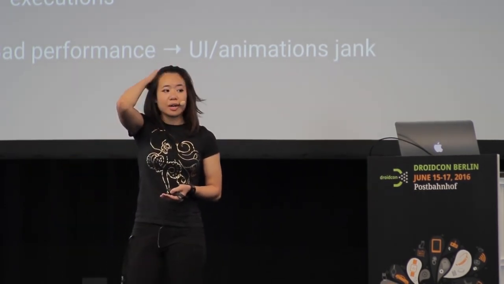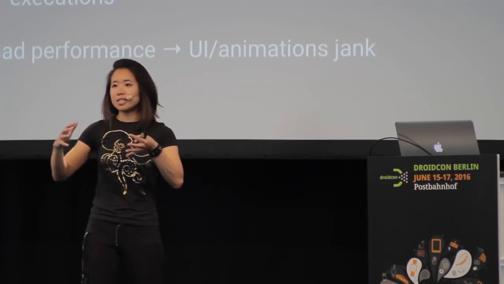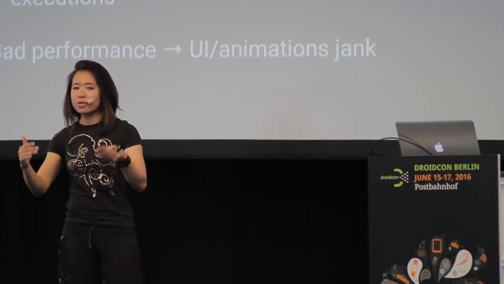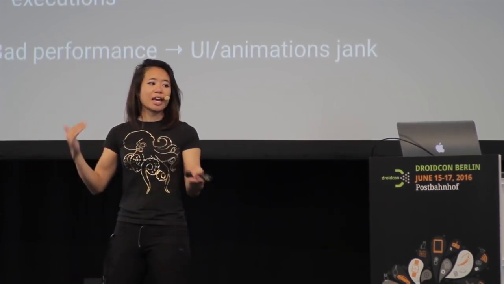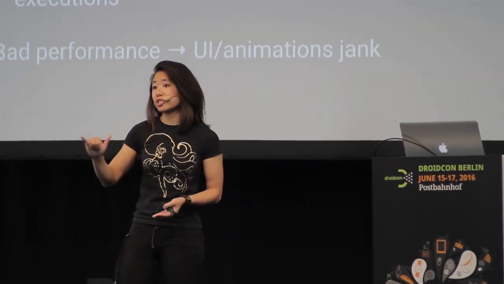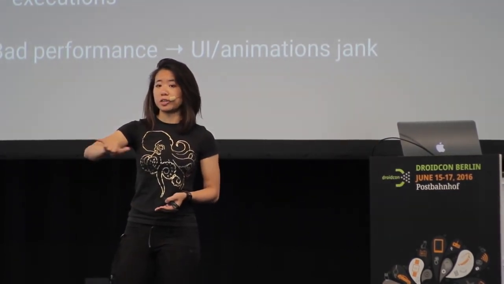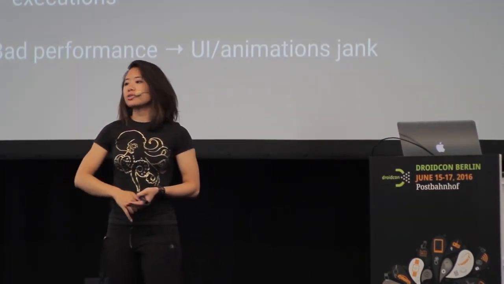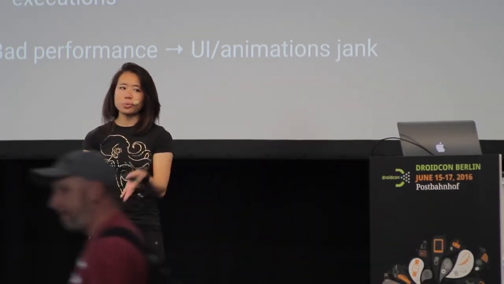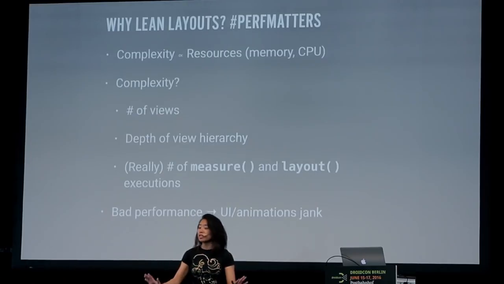And really what we're talking about in the end is all of these things result in the number and, I guess, the length of the executions of measure and layout when your view hierarchy is being processed. Now, you could write 100, 1,000 apps where these two methods never have any problems.